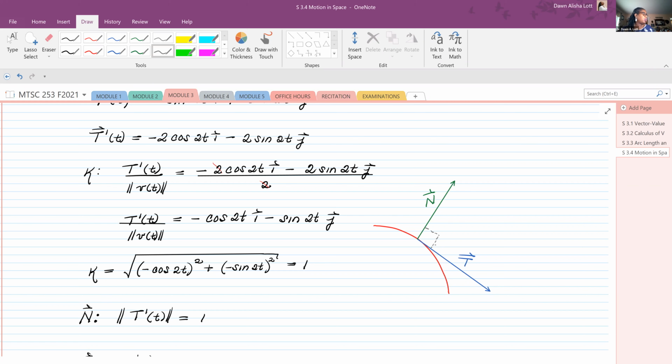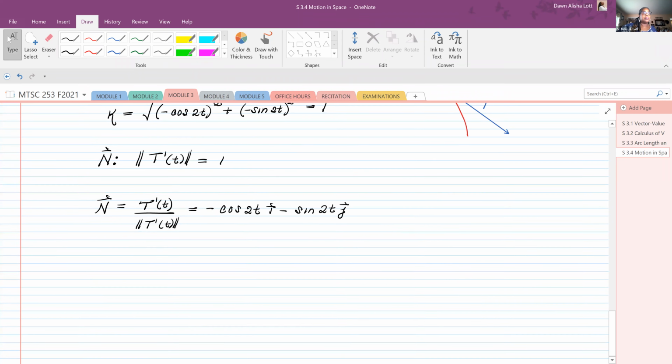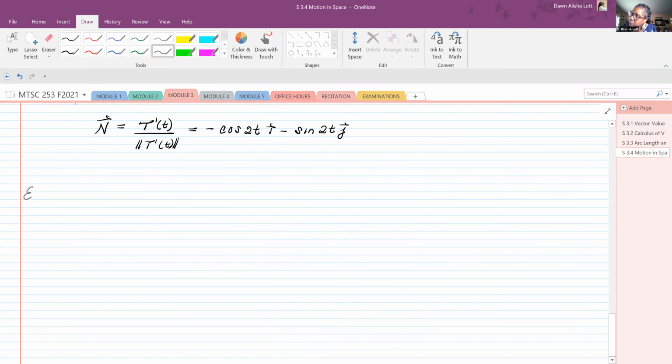Okay, one more example. Given this r of t, find T, N, and kappa. r of t is a cosine t i plus a sine t j plus b t k.